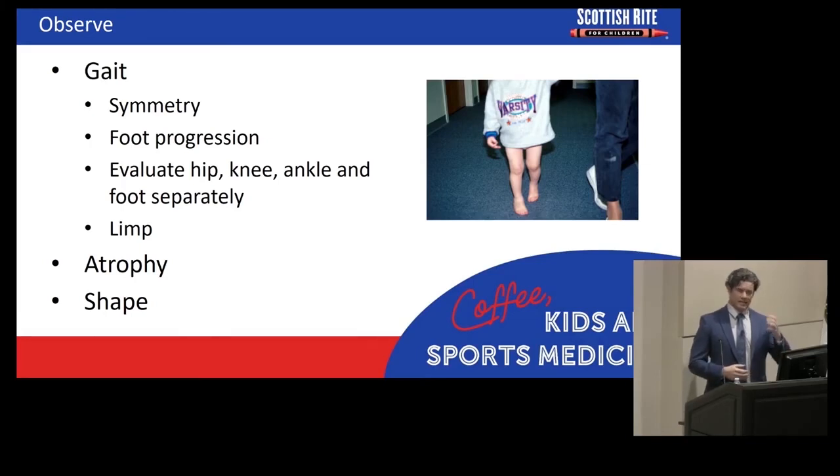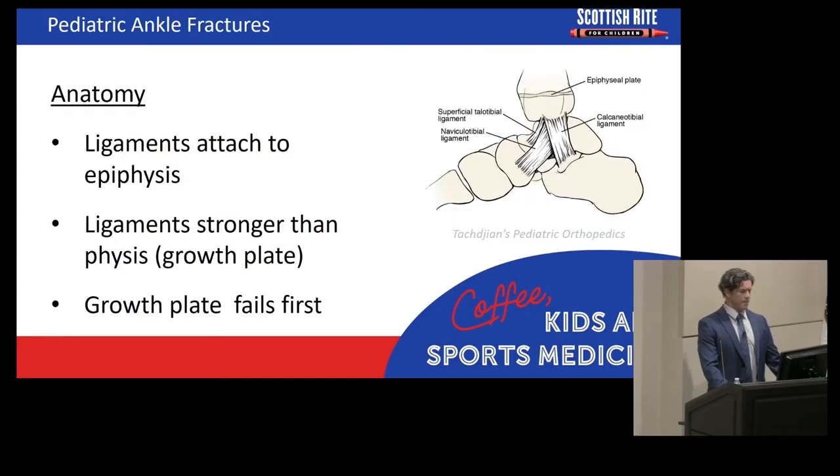Because we want to be able to see the entire kinetic chain from hip down to foot. Evaluate the hip, knee, ankle, and foot separately. Contralaterally first, and then the affected side. And then look for a limp. Describe the limp if you can. Many times these patients may not be able to walk. Look for atrophy, look for shape. Not necessarily for an acute injury, but all in all, looking at the overall alignment and shape of the extremity.